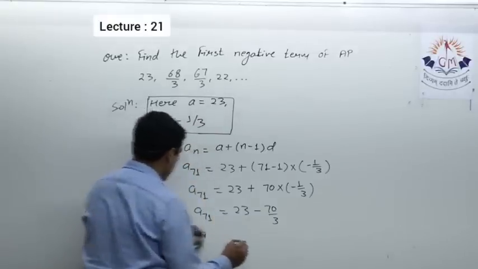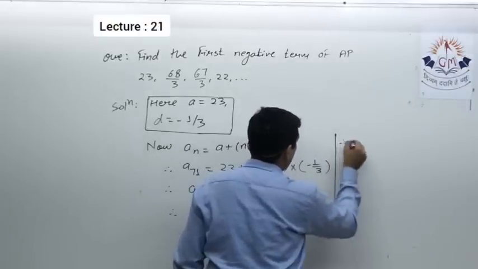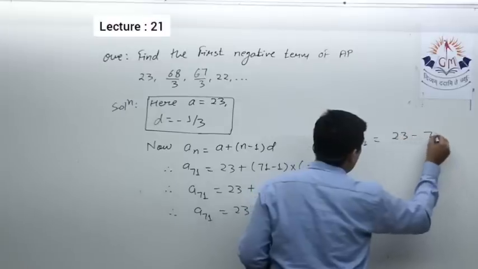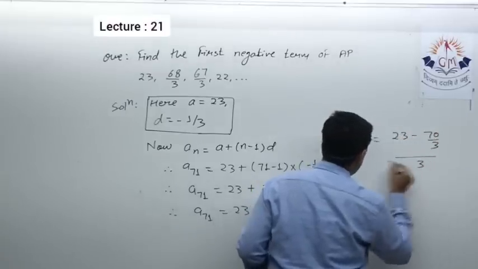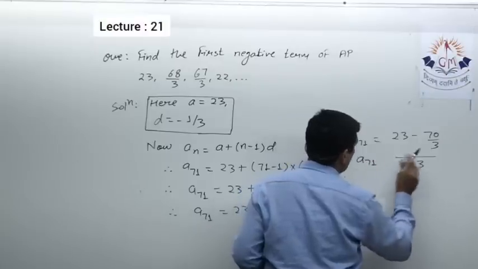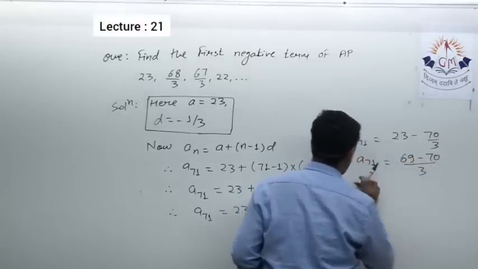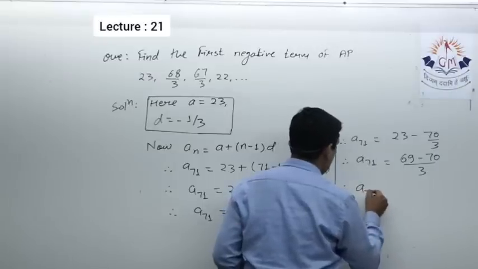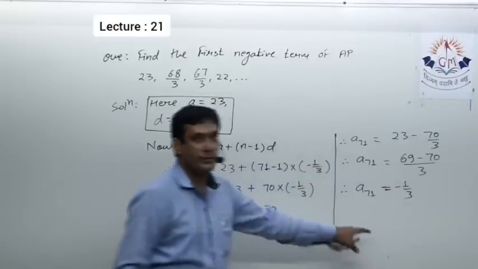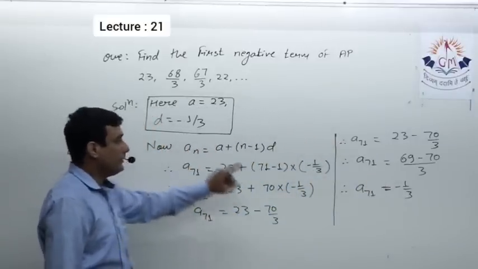Here the LCM will be 3. So A71 is equal to 69 minus 70 by 3, as LCM is 3. So A71 is equal to minus 1 by 3. Yes, it's a negative term, so that thing is sure.